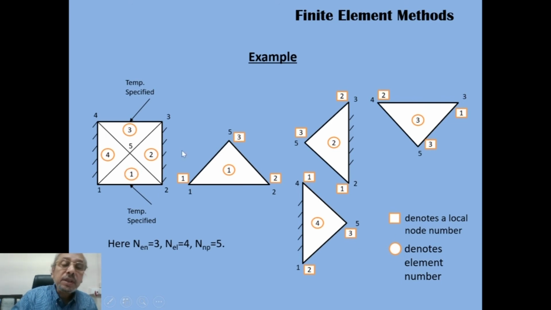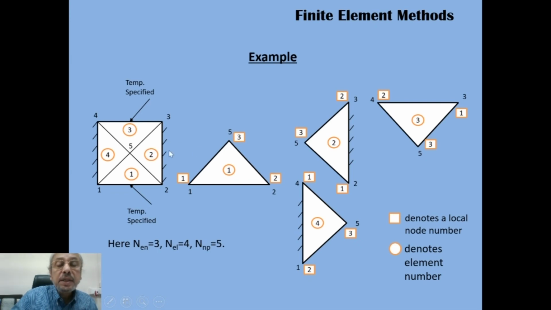So this is the first element. We have taken out the first element through the circle. Local node number 1, local node number 2, local node number 3. And this node, its global identification is 1. This node, its global identification is 2, but this node's global identification is 5.